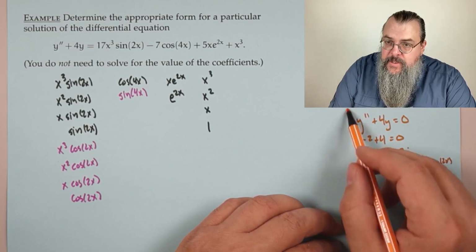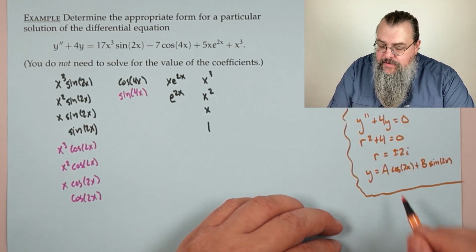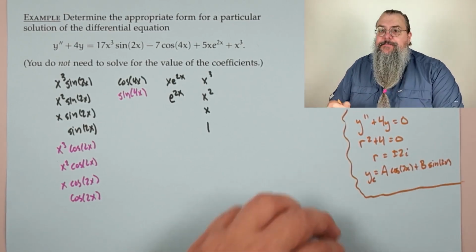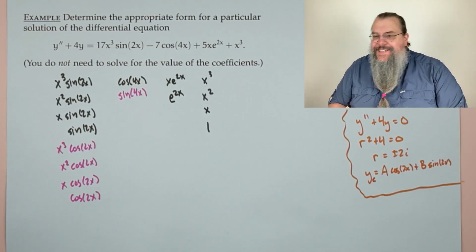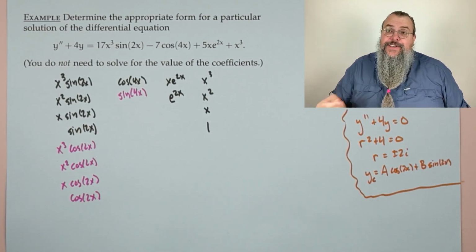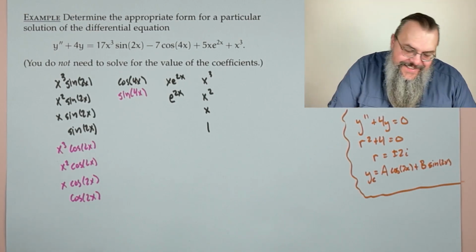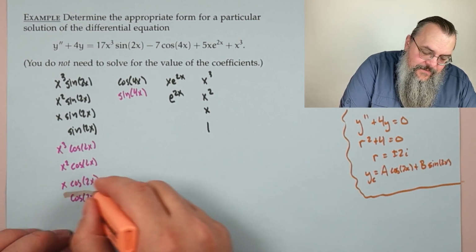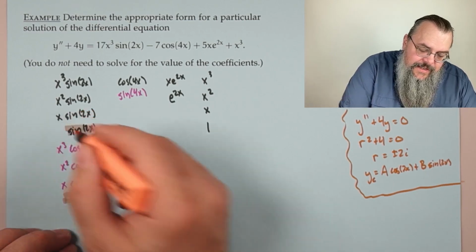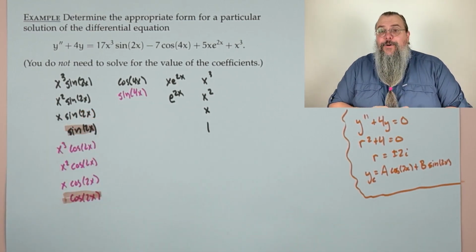Okay, so there's our y_c, and I'll emphasize y_c. Now, we ask, is there any overlap? Yes, there is. In particular, with the cosine and the sine, we have overlap.